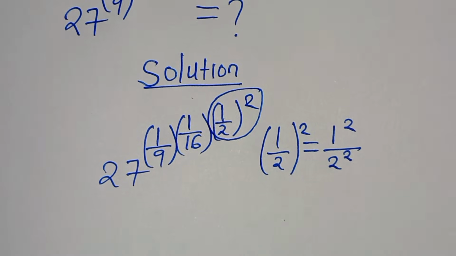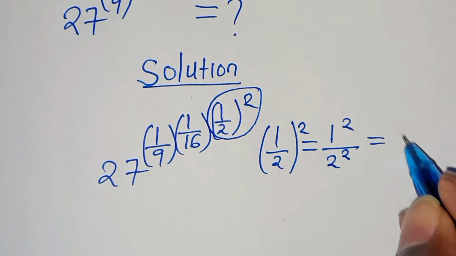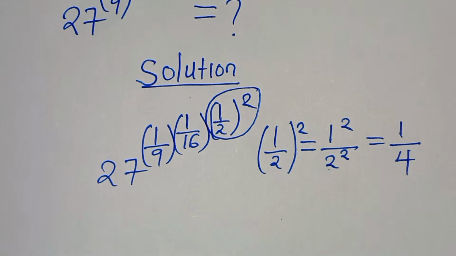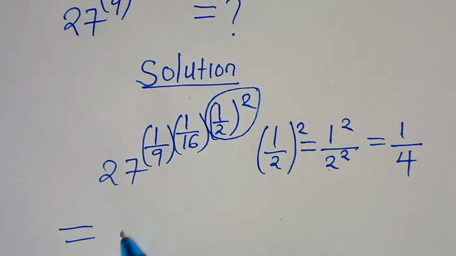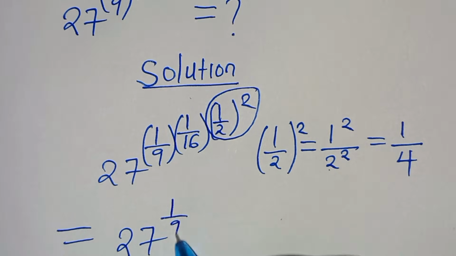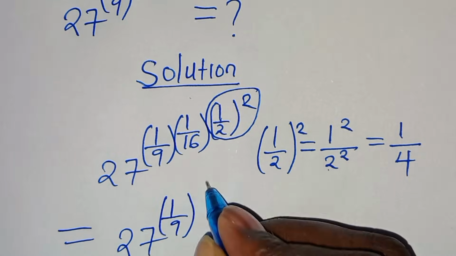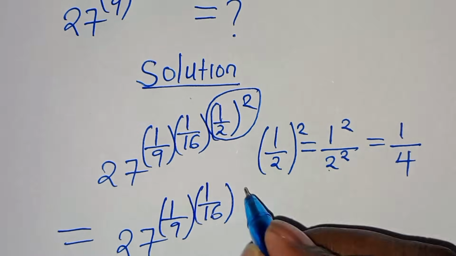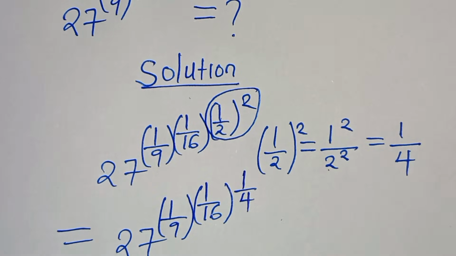And therefore, 1 to the power of 2 is 1, divided by 2 to the power of 2, which is 4. So therefore, here we have 27 raised to the power of 1 over 9 raised to the power of 1 over 16, then raised to the power of 1 over 4.